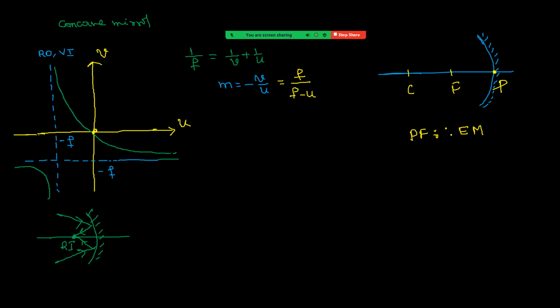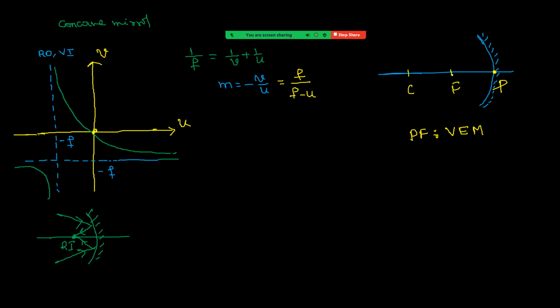It is virtual, right? We have learned that V positive means virtual image. Okay. So when the object is between pole and focus, we can see this is positive, greater than 1, magnified, positive, erect one. Since V positive, virtual. So this is the graph in the second quadrant, object in between pole and focus.